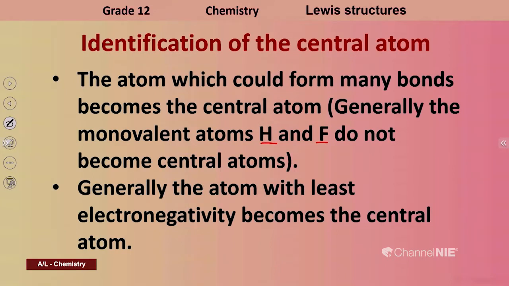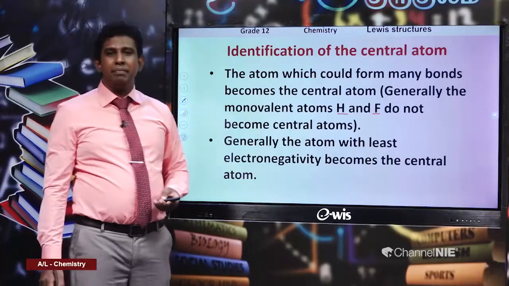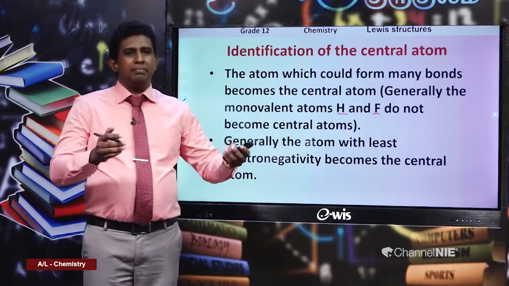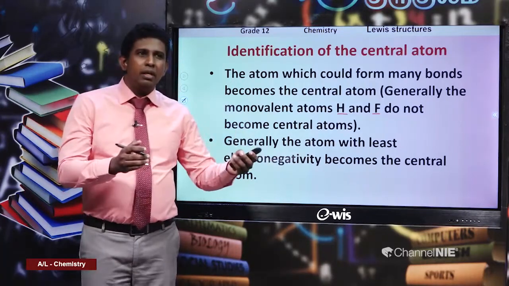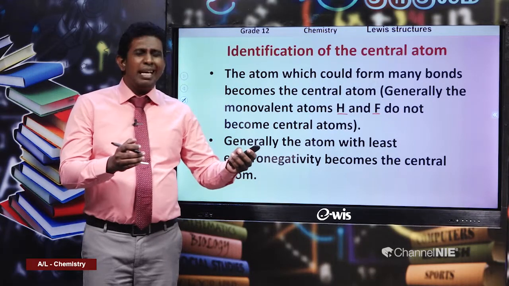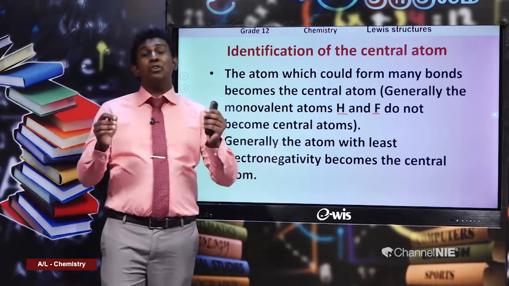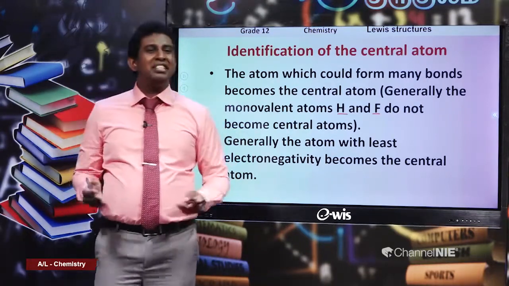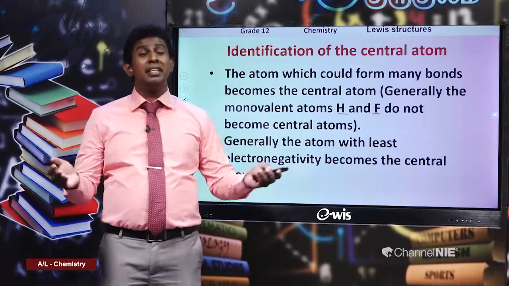Therefore, they never would play the role of central atoms. Except them, when you have some other atoms also, the atom with the least electronegativity is possible to be the central atom. That is how we decide the central atom there.